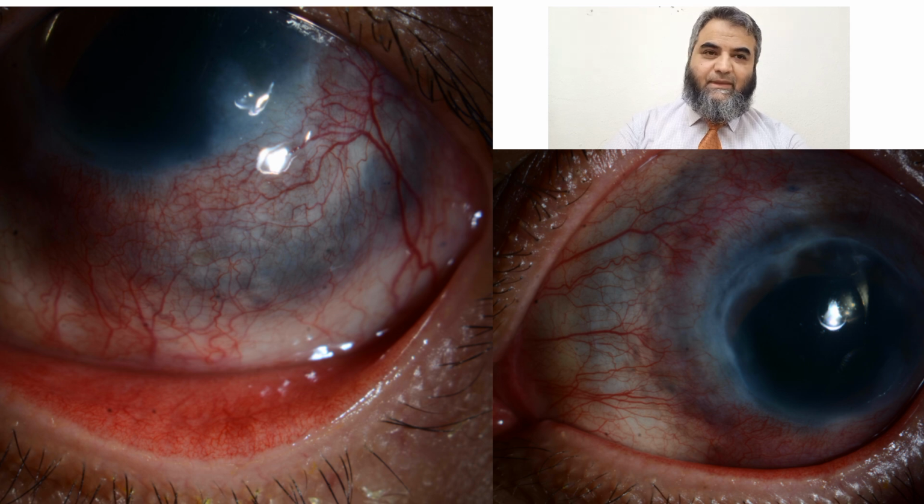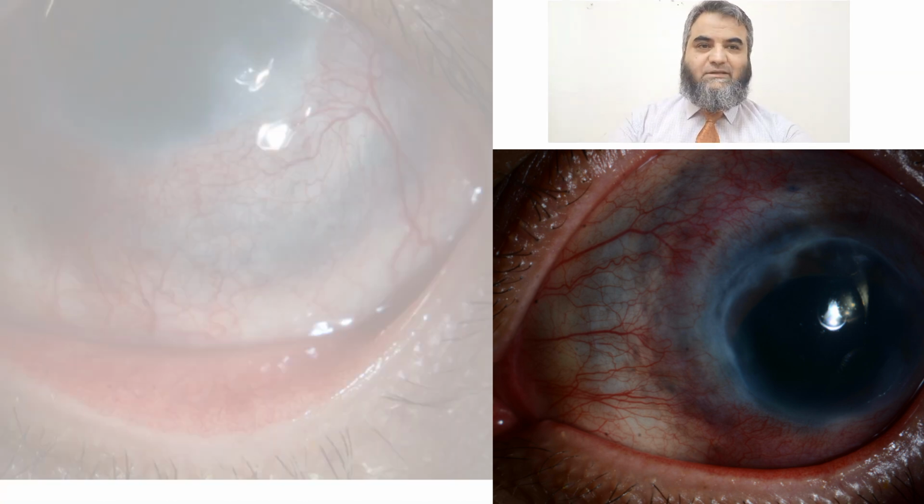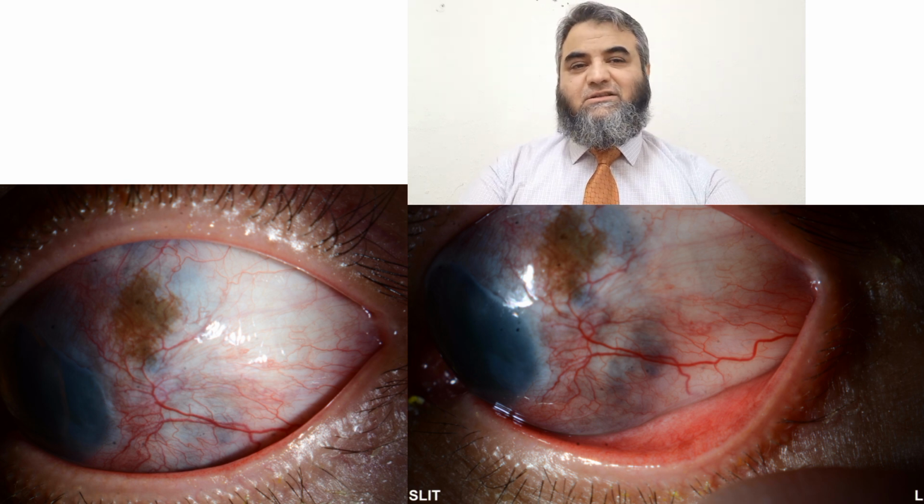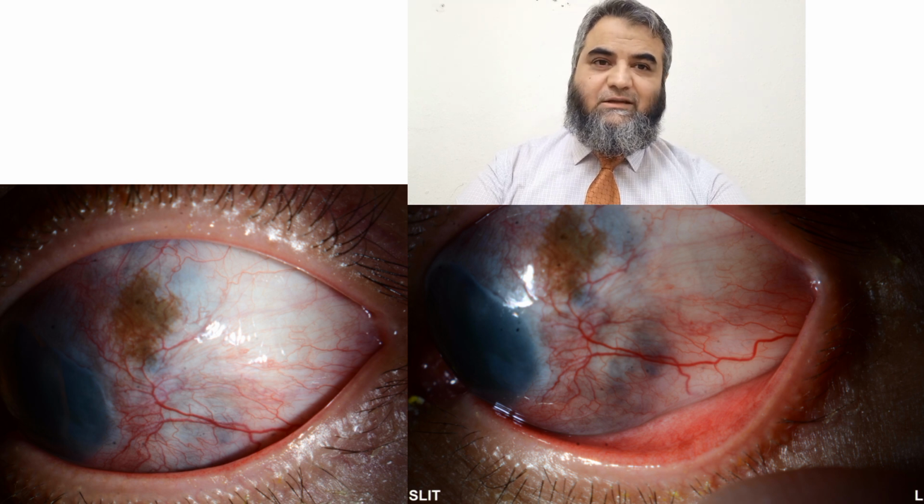The temporal side shows the same condition, thinning is extensive, but it has not yet reached the stage we call scleromalacia perforans. It is just diffuse thinning and anterior chamber activity with plus 4 cells, and a dislocated IOL in the anterior segment.